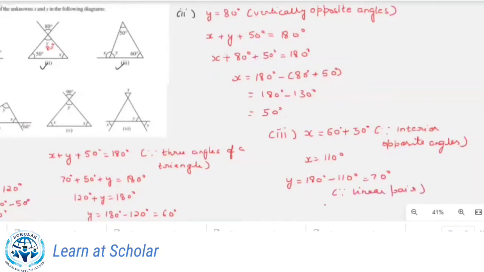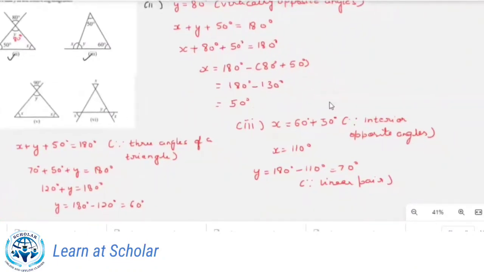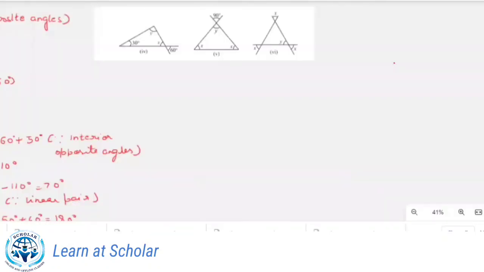Another way to find out the angle sum property, two angles are known, you can easily find out the third. These are the two ways using which you can find out the value of y. So the value of y is 70 degree. Next part, fourth part.